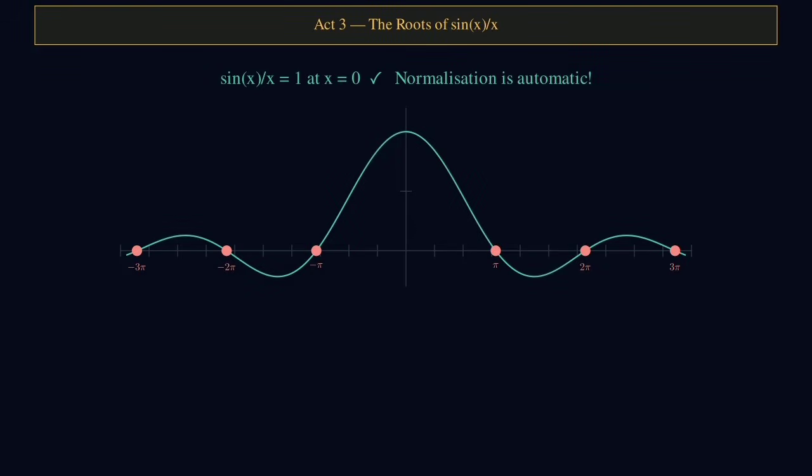So, the roots are plus or minus pi, plus or minus 2 pi, plus or minus 3 pi, and so on forever. Look at the graph. Every multiple of pi is a root, stretching out in both directions to infinity.